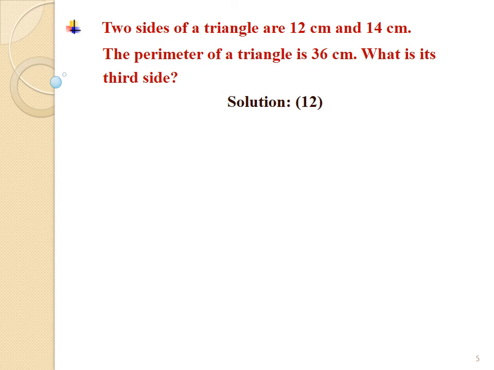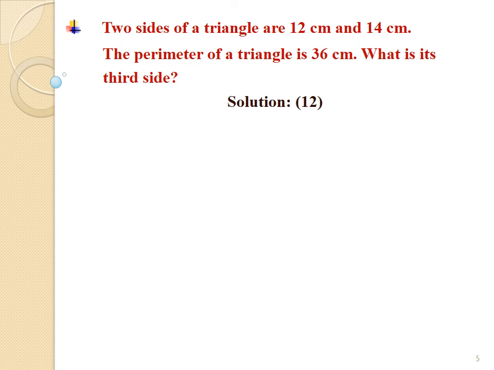So, you have to remember that in order to get the third side of a triangle, first of all, you have to find out the sum of the two given sides, and you have to subtract the sum of the two sides which you obtain from the perimeter of the triangle given to you.